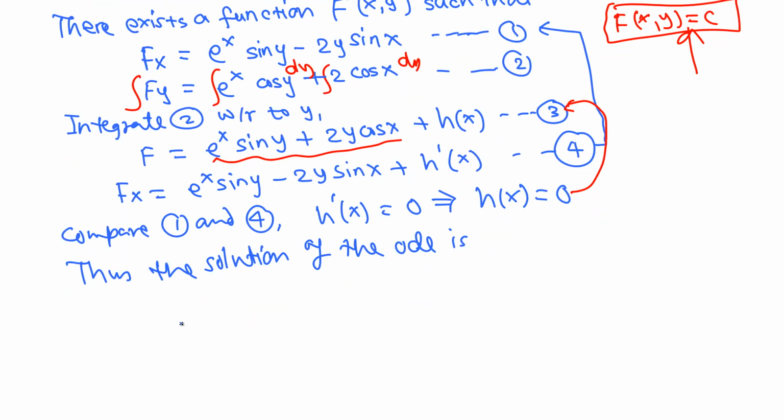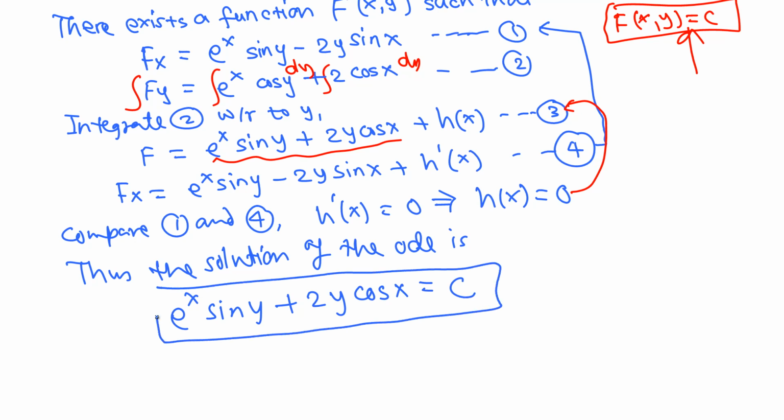The function is now e raised to x sine y plus 2y cosine x plus h, which can be taken as 0, equals constant. Even if you write a constant and move it over, that will be absorbed with this constant. Final.